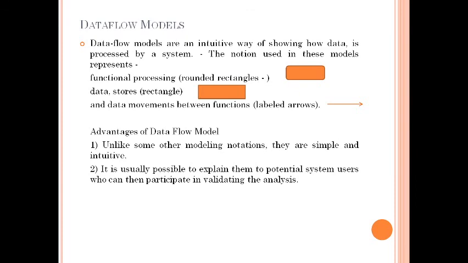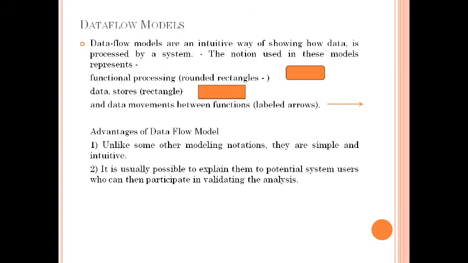And for how the data movement happens, we show labeled arrows. The data flow model is a traditional visual representation of the information flows within a system.